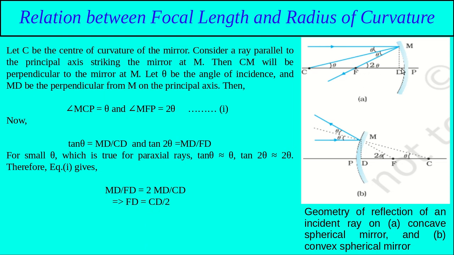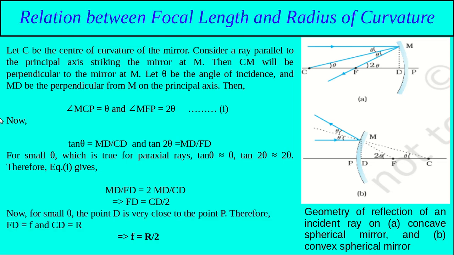That means CD is twice the distance FD. Therefore, if we call this distance FD as f, the focal length of the mirror, and this distance CD as the radius of curvature R, then the focal length comes out to be half of the radius of curvature, and this is true for both concave as well as convex mirrors.